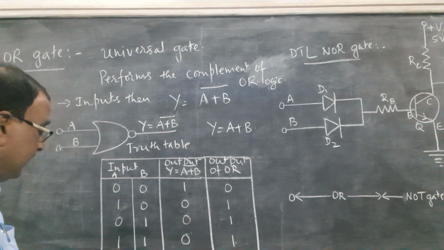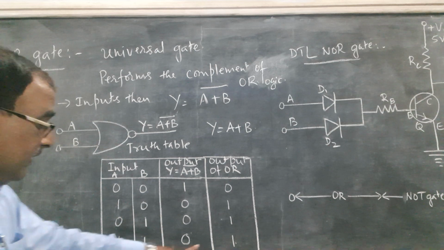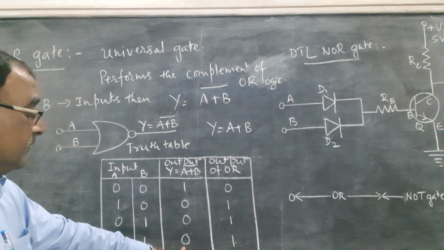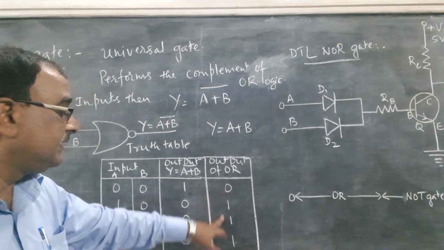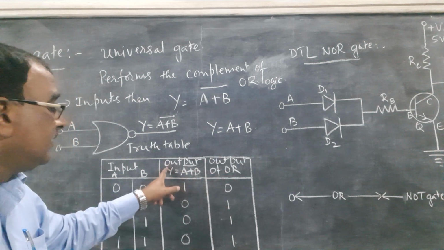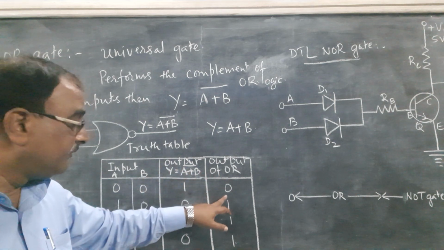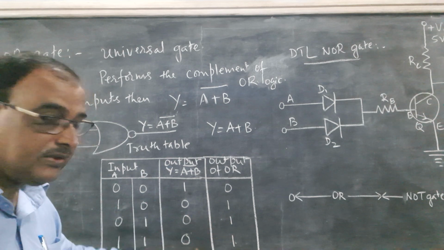Similarly, when both inputs are 1, the output is 1 plus 1 is 1, and its complement is 0. So this is the output of the NOR gate. You can see the difference between the output of OR gate and the NOR gate: it is exactly the opposite, 0, 1, 1, 1 and 1, 0, 0, 0.